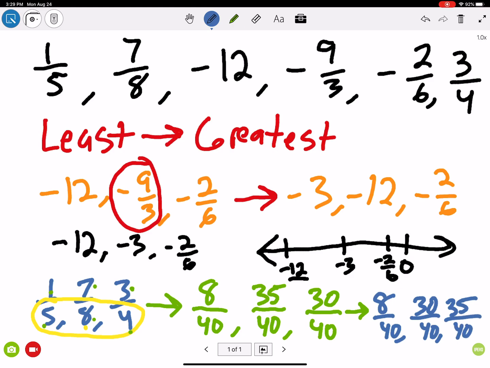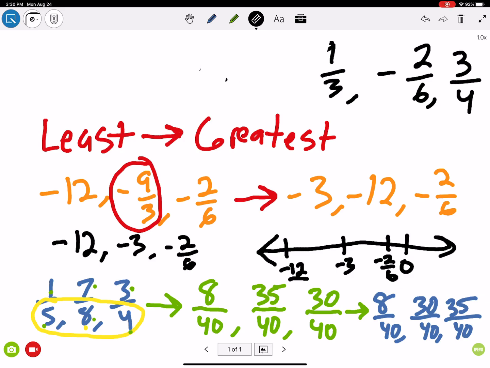So if I really wanted to put all these in order from least to greatest, I'm going to get rid of all this right up here. And I'm going to do just that.